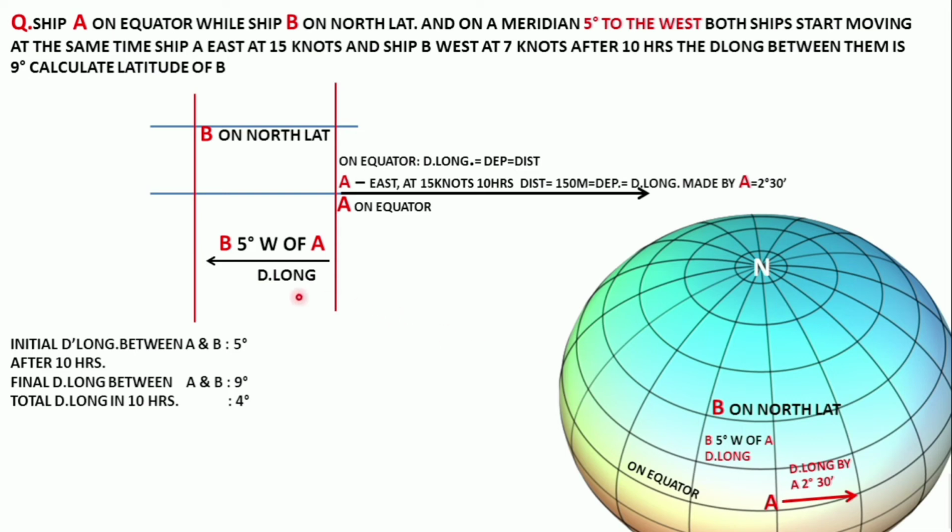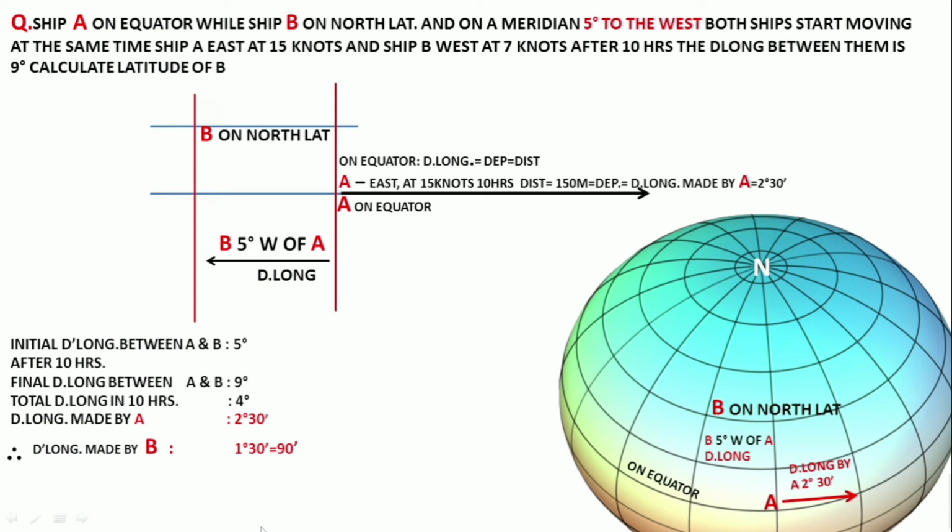Now I said the initial D long between them was 5 degrees. And after 10 hours, it is 9 degrees. So the total D long that has been made in those 10 hours is 4 degrees. A makes a D long of 2 degrees 30 minutes. So the rest of the D long should have been made by B, which is 1 degree 30 minutes.